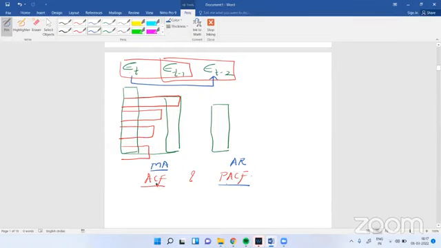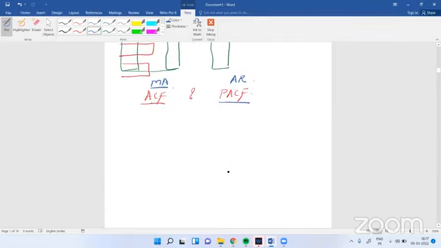Is it clear? We will come to know from the pattern of ACF whether it is an MA term, or from the pattern of PACF whether it is an AR term or not. Clear? Shall I proceed further? Say yes or no.